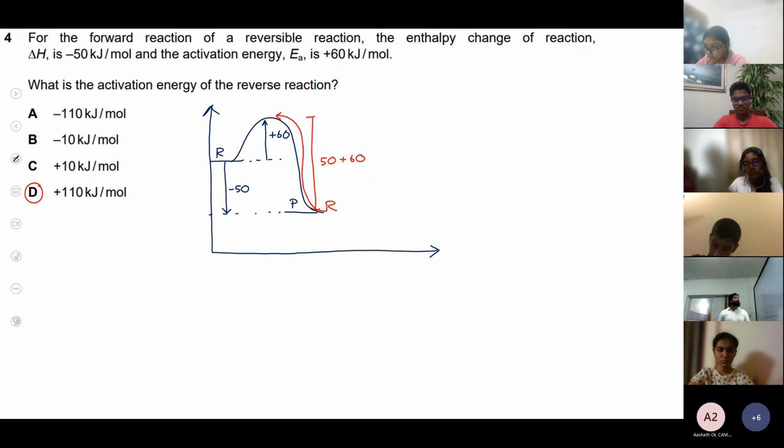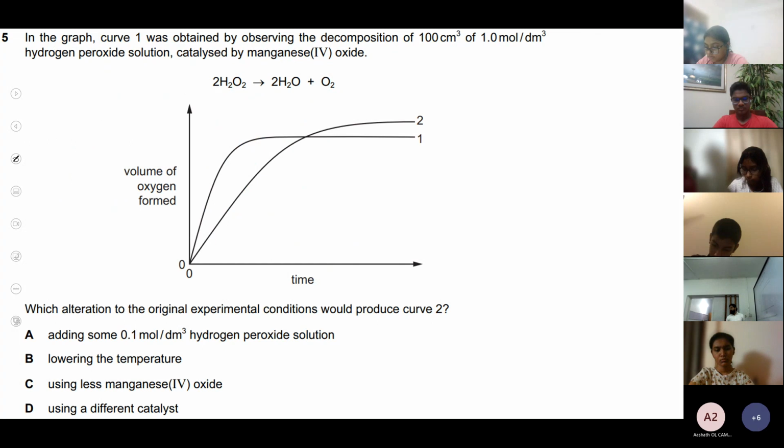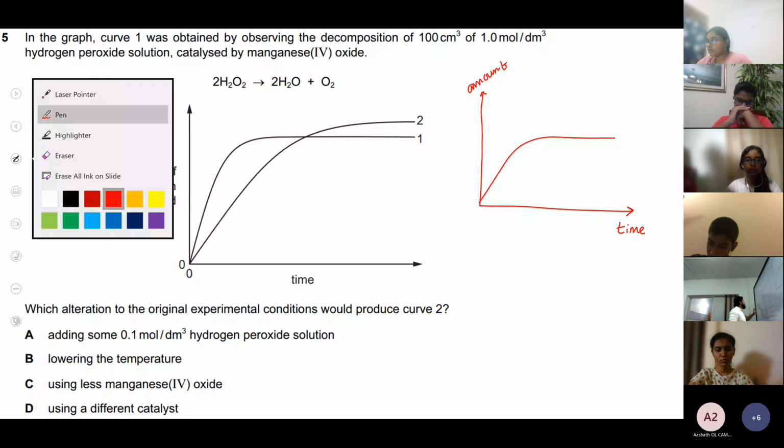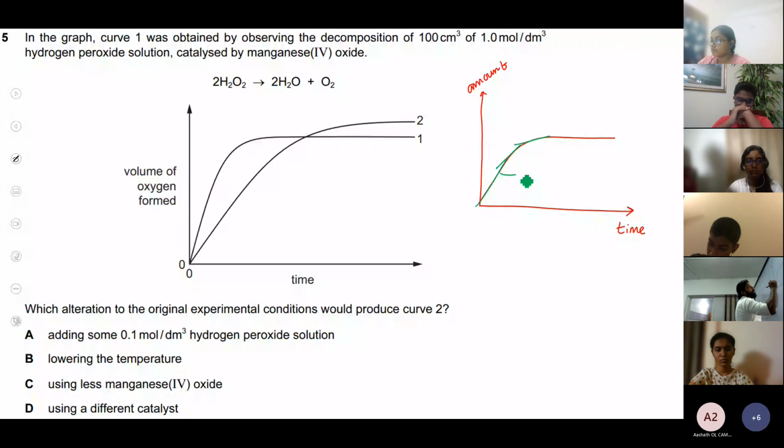All right, next one. Here, the kinetics, right? In kinetics, if you take these time and amount graphs, you consider this graph, the gradient represents rate.